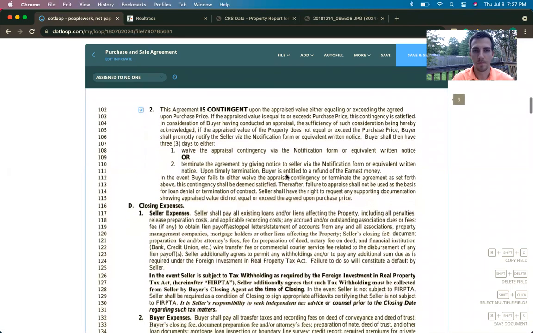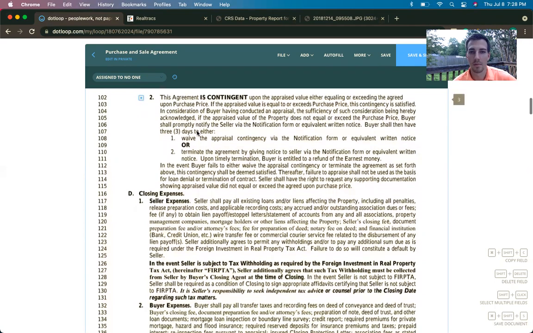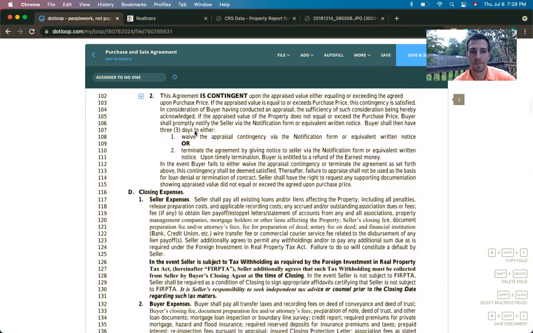Let's see. And then on the flip side of that, if the property does not appraise, the seller can request to see documentation to prove that it did not appraise. So just know that. And if the home does not appraise, you have to promptly notify the seller, right here on line 106, and the buyer shall then have 3 days.